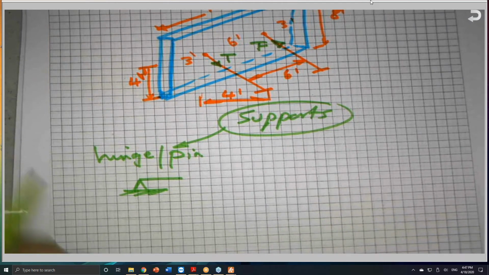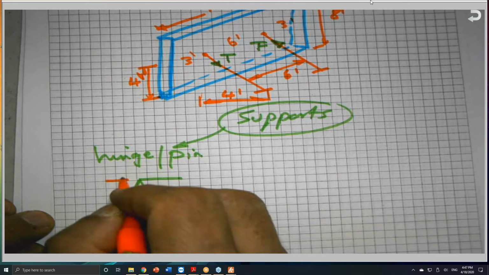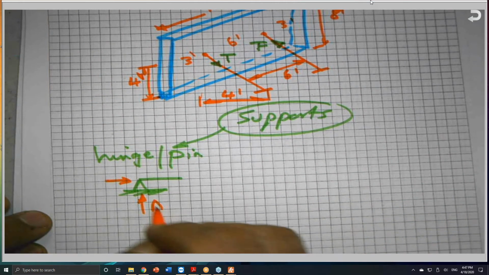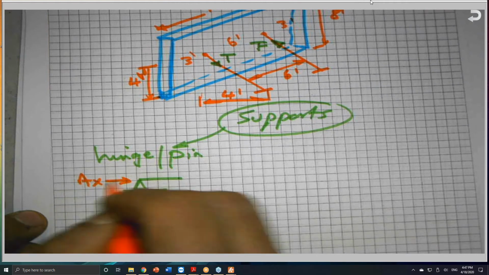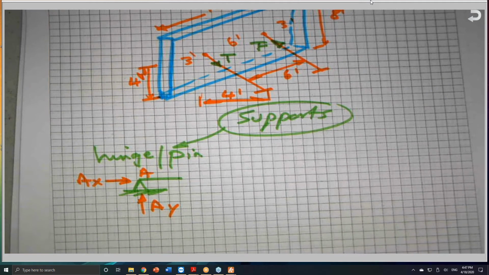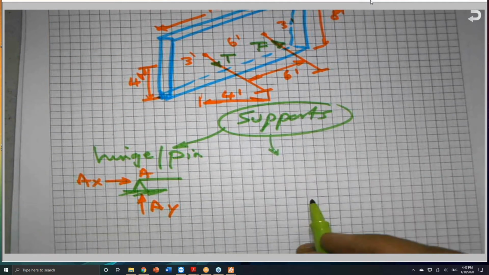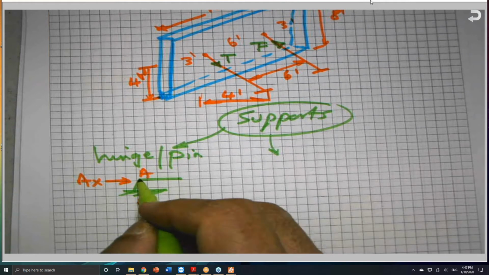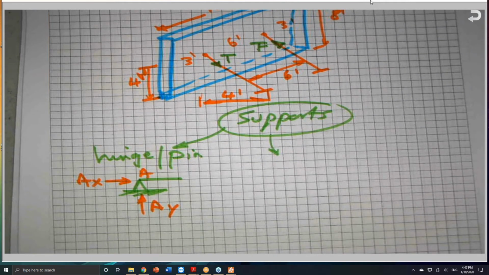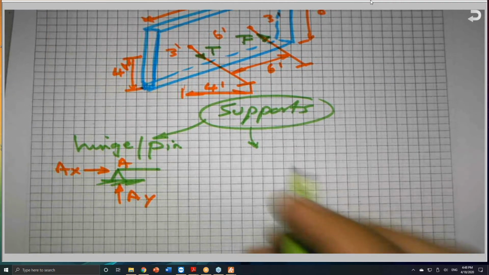And this has 2 unknowns. It has vertical and horizontal, so A sub y and A sub x, for example, if this end is A. A hinge, like the hinge in the door of your house, has 2 components, but has no moment. You can open and close the door because of the hinges, except the friction, which we ignore.